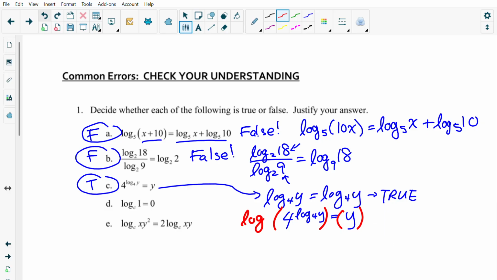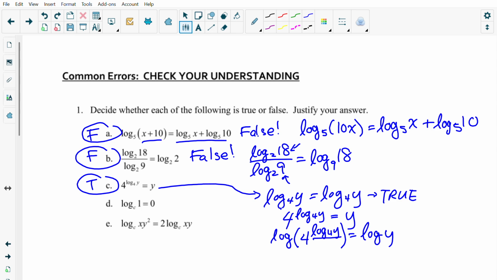Let me just be proper with how I'm writing this. I'm just going to start a new line here, so it's not super confusing. So if I take the log of 4 log base 4 of y equals log of y. So we're just taking the common log.